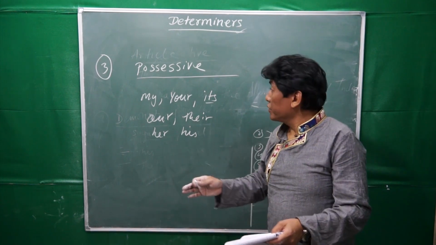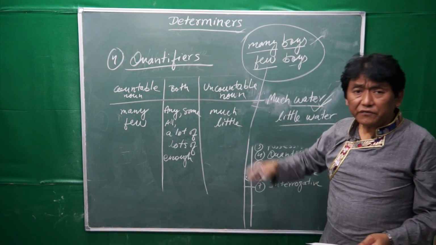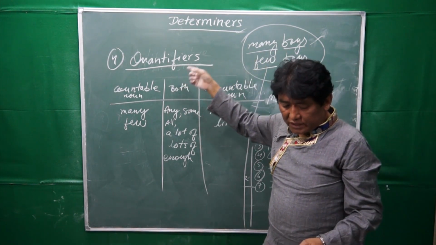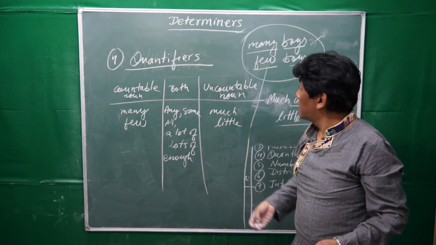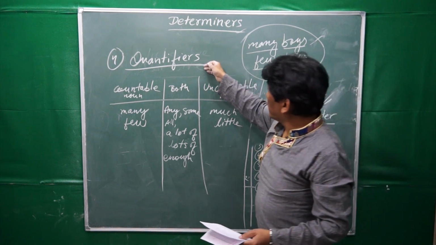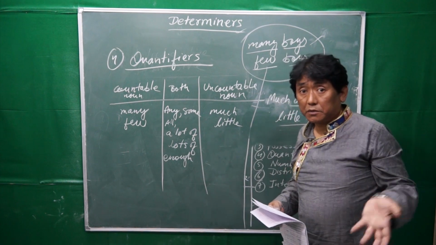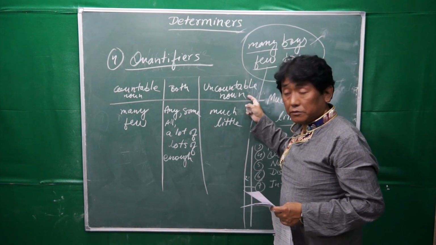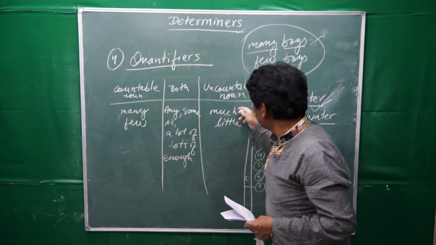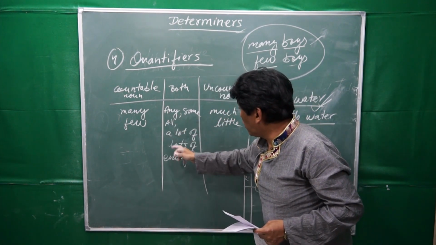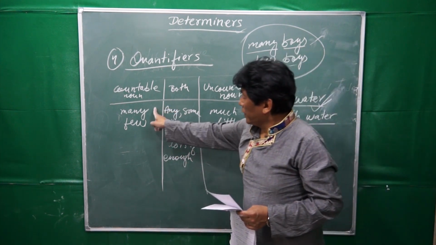All right. Now we move on to number 4, quantifiers. Quantifiers are determiners that indicate how much or how little of the noun is being discussed. Before we discuss this, we should know that nouns can be countable and nouns can be uncountable also, right? And we have these determiners: many, few, much, little, any, some, all, a lot of, lots of, and enough.